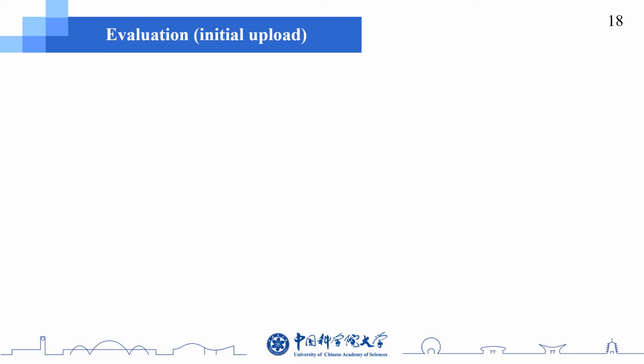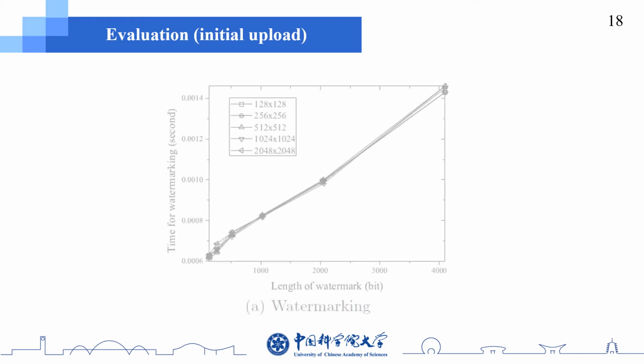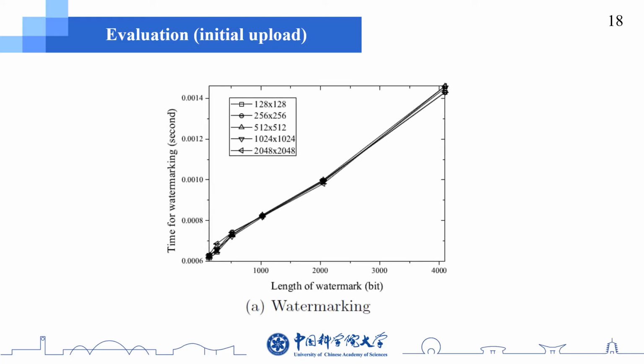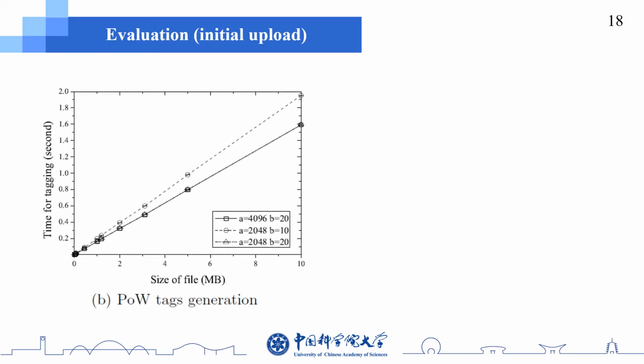In the initial upload phase, as shown in figure A, the watermarking computation is mainly determined by the length of watermarks rather than the file size. And as shown in figure B, first, for fixed block and symbol size, the computational cost for generating POW tags increases linearly with the file size and decreases with the symbol size, while it's independent of the block size.